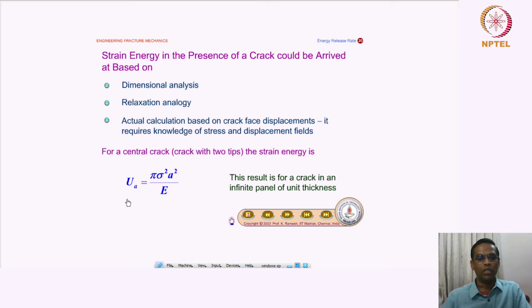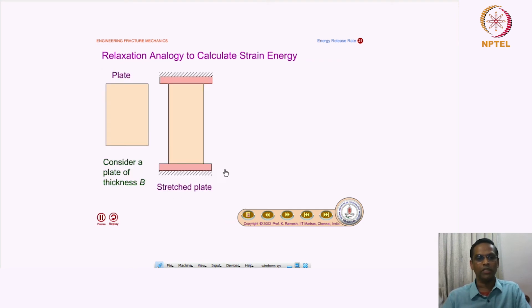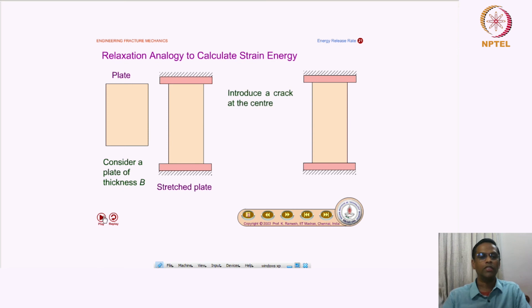What we will now do is see how we derive this, how this relaxation analogy is envisaged. So consider this schematic. This is a plate of thickness B, which is being stretched. When I say plate, you may think it's a solid plate, and especially we are talking about brittle materials only.